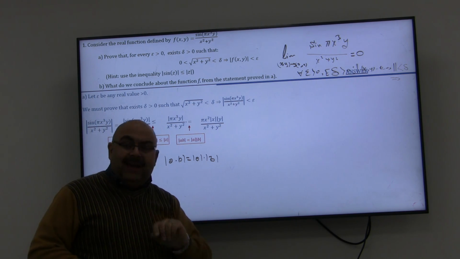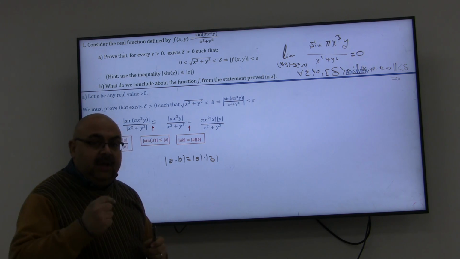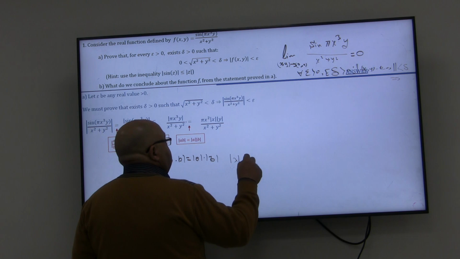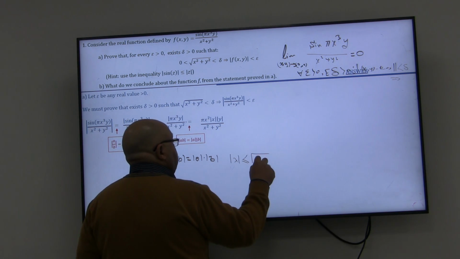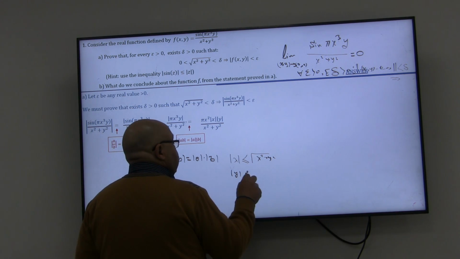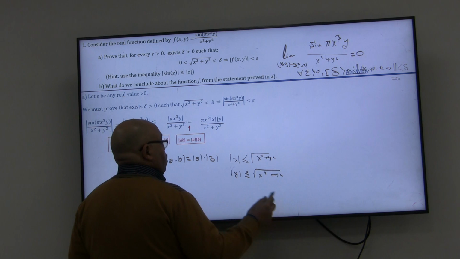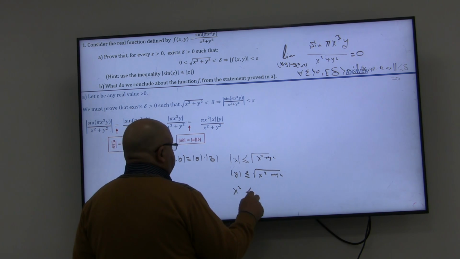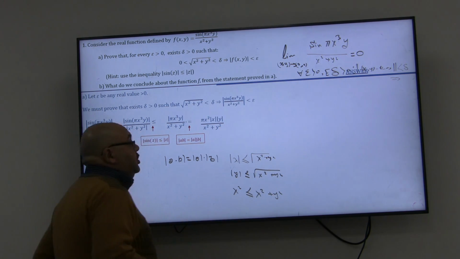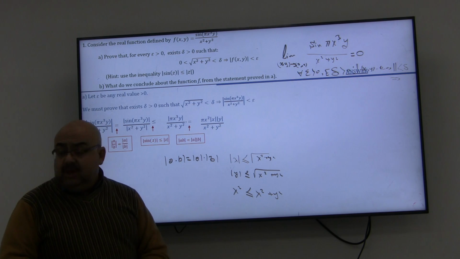I can also take advantage of the relations connecting these values. We know that the absolute value of x is less than or equal to the root of x squared plus y squared. We know that the absolute value of y is less than or equal to the root of x squared plus y squared. And also we know that x squared is for sure less than or equal to x squared plus y squared.